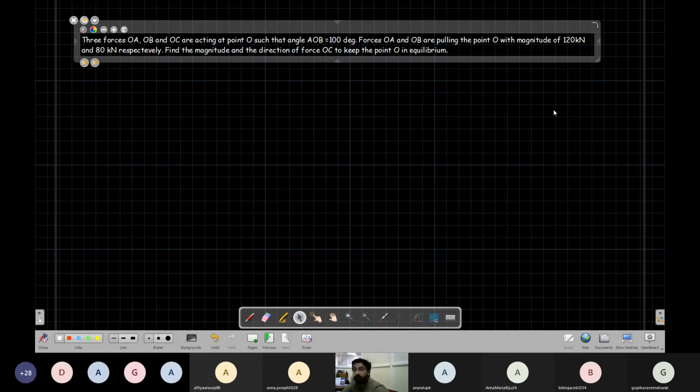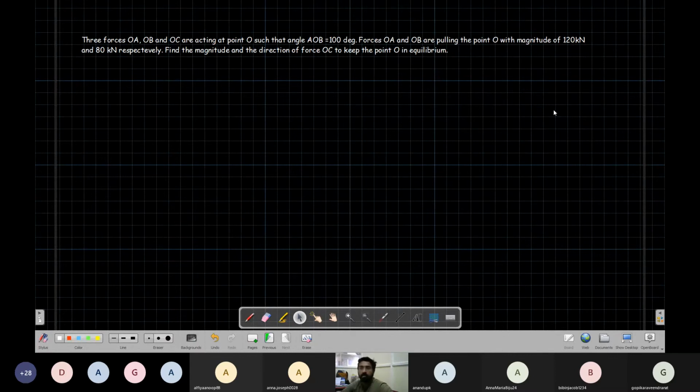First, try to draw the diagram. But before starting, I want you to get a feel of these forces. What is 1 kilonewton? 1 kilonewton is nothing but 1000 newton. Actually, 9.8 kilonewton is 1 ton.